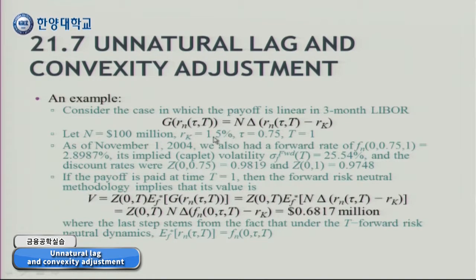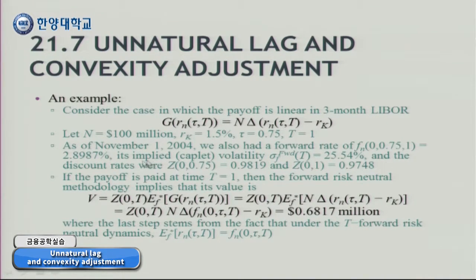The strike rate, like a swap rate, is 1.5%, and tau is 0.25, T is 1. So delta is 0.25, three months. So n is 4, which means the cash flow occurs 4 times per year.